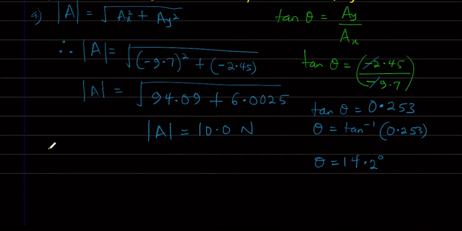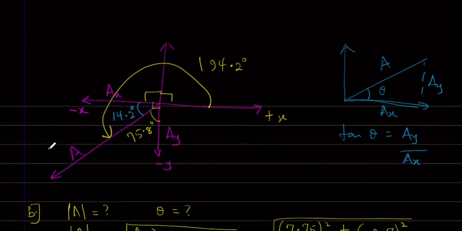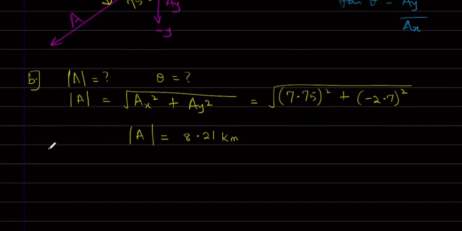Once we solve for it, this is not in Newton. This is wrong. It's supposed to be in meters according to the unit. Let's try to correct that. Then we can find the direction by saying tan theta is equal to ay over ax.